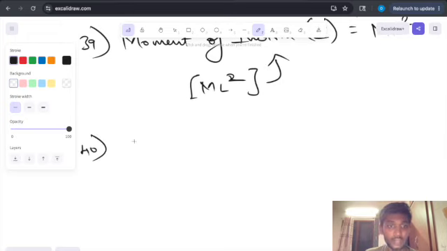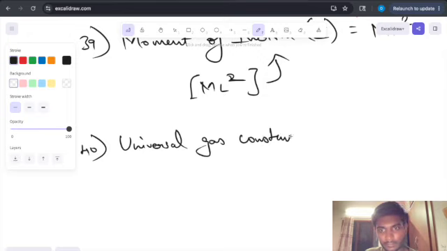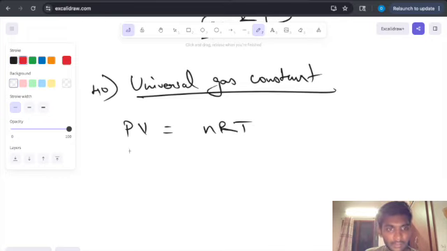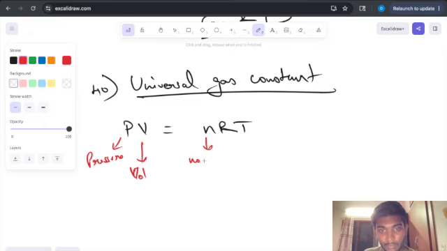The 40th you have universal gas constant. So we know PV is equal to nRT. There's a formula in this sense. The P refers to pressure, V is volume, n is number of moles.